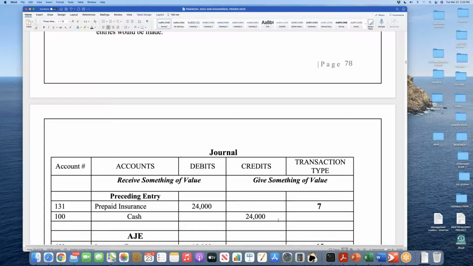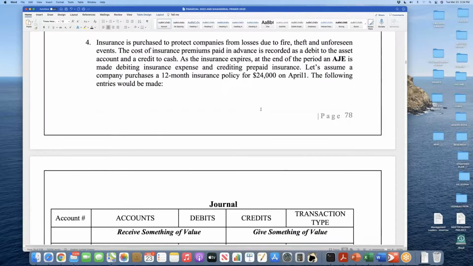Got it? Uh-huh. Now, when December 31st rolls around, assuming you got a 12-month policy, how much of that insurance has expired? I'll say 20. How much is that insurance costing you per month?